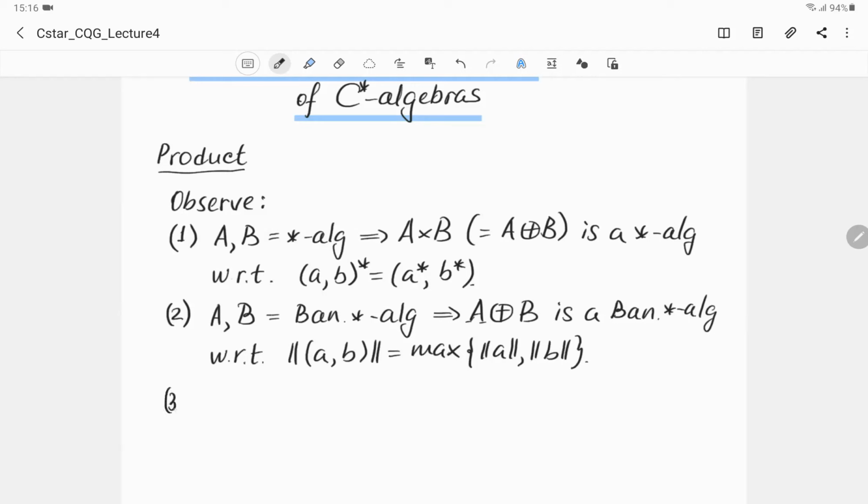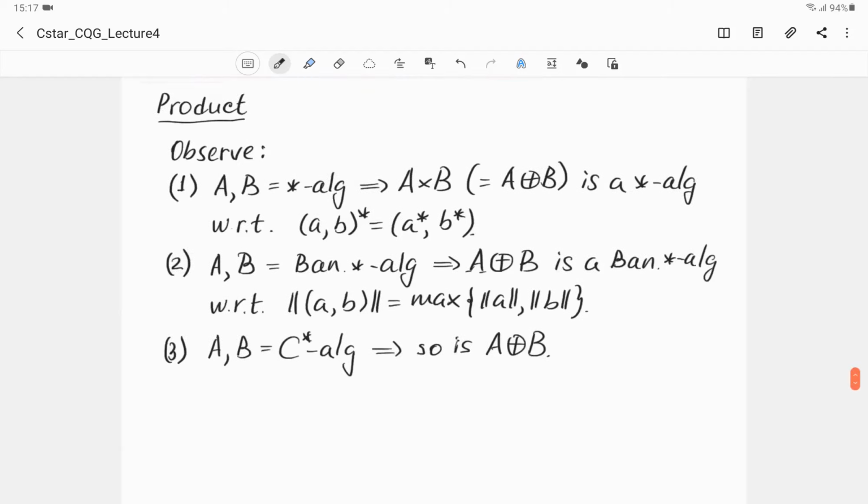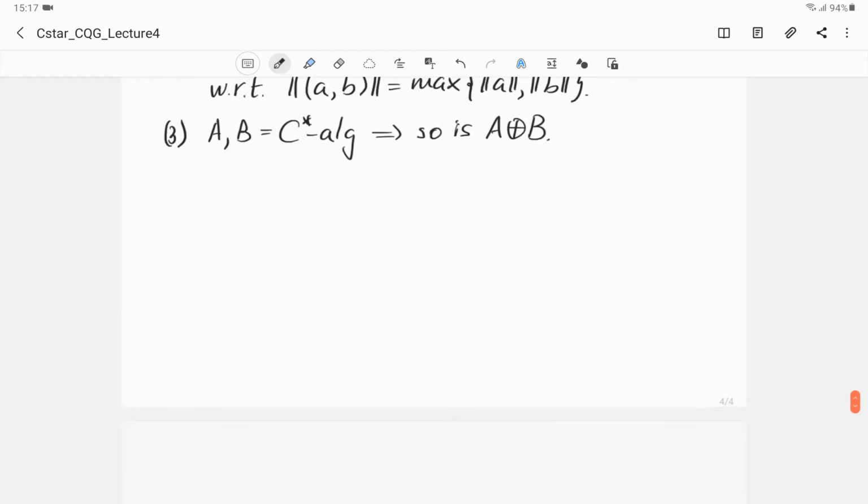And finally, observation 3: if A and B are C-star algebras, then so is their direct sum. In other words, the above maximum norm also satisfies the C-star axiom. You mean the component-wise product? Yeah.